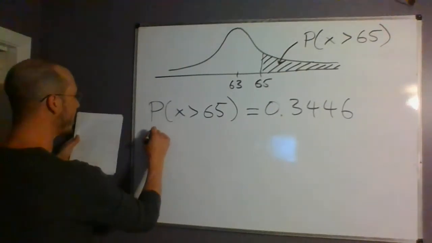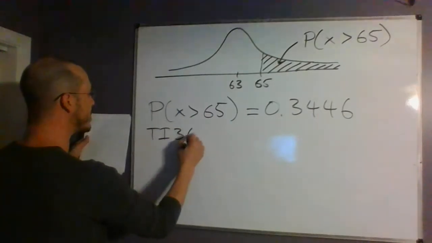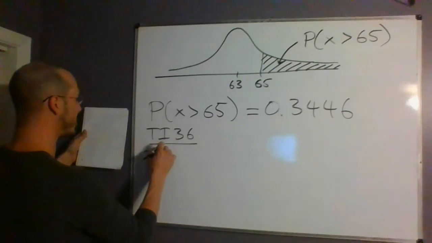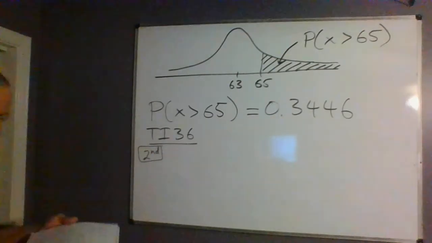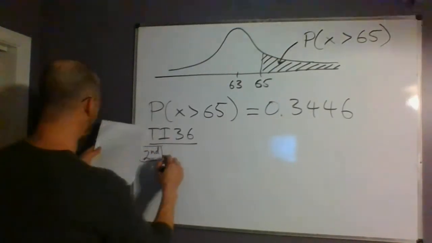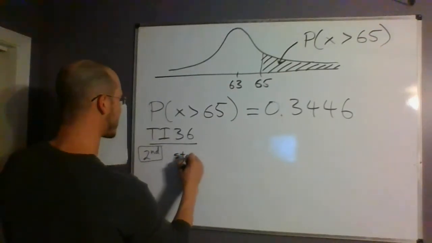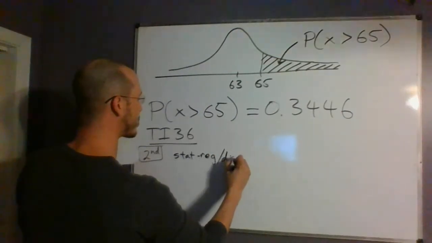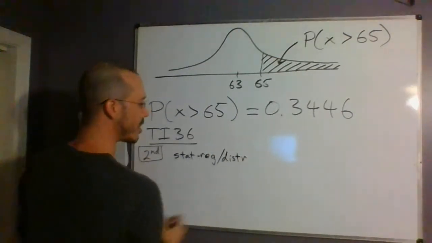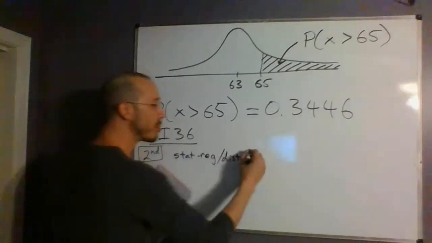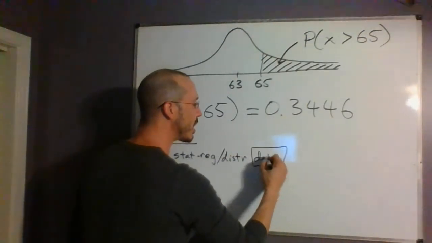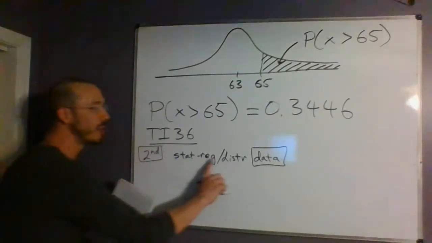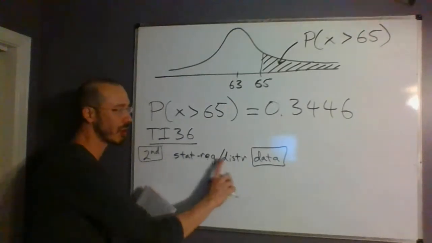First, for the TI-36, you're going to use the second function, so it's the second button. And then choose the stat regression distribution menu item. The key is labeled data, but above it, it says stat, regression, and distributions.